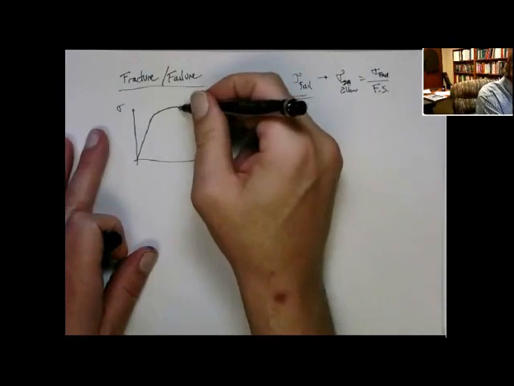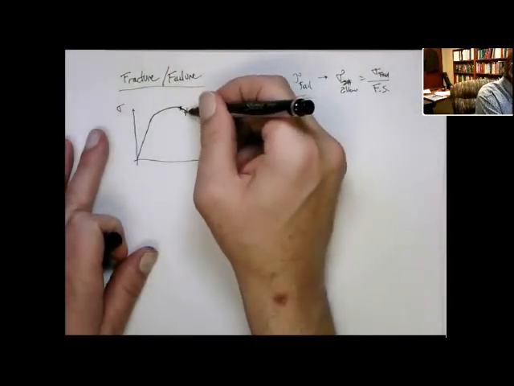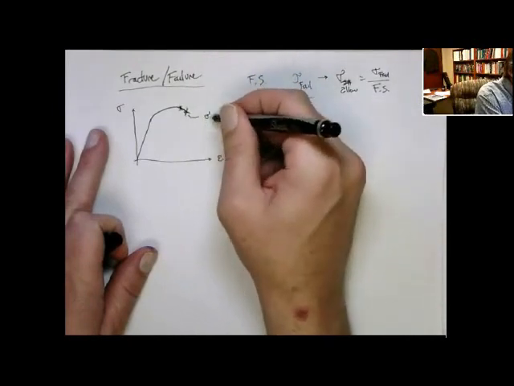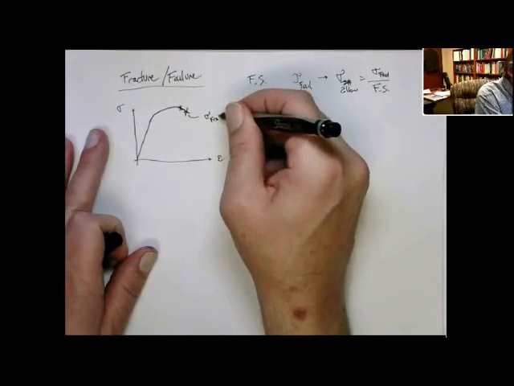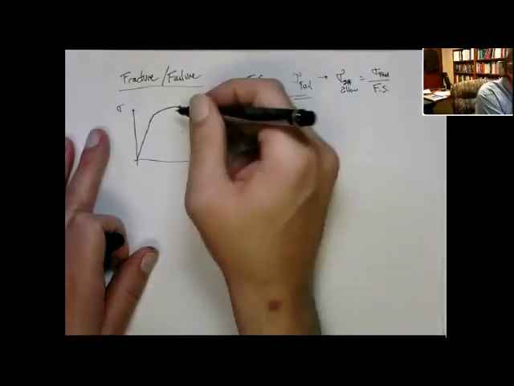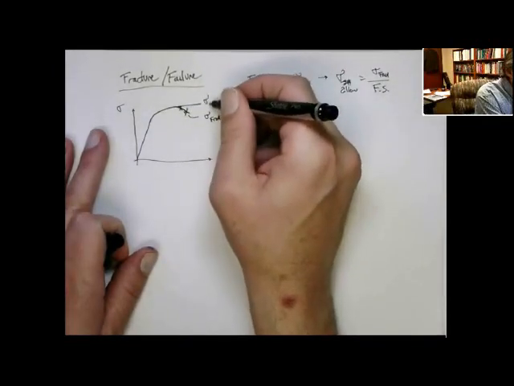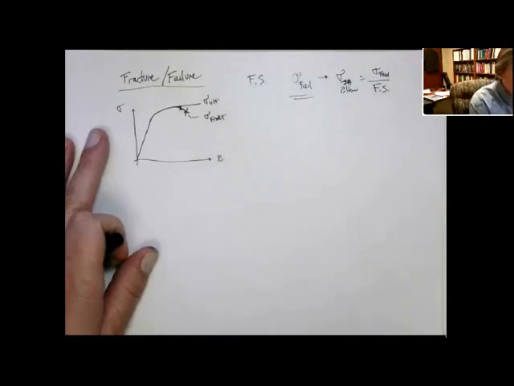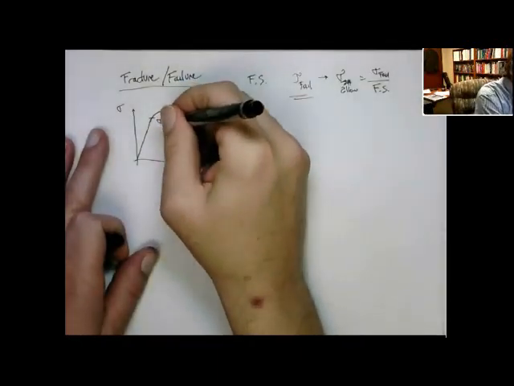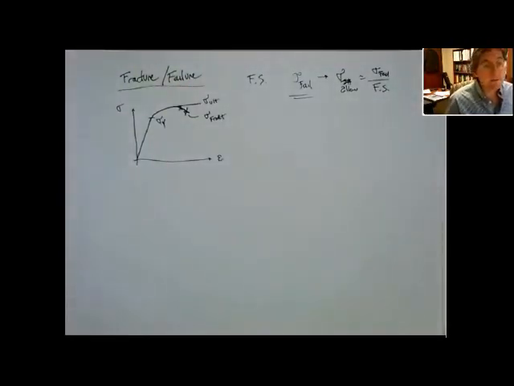Sometimes this curve even, this is the stress where it actually fractures. But you can see actually there's another peak stress. Some people might call it the ultimate. And also we have the yield stress. So which one would you consider to be failure?